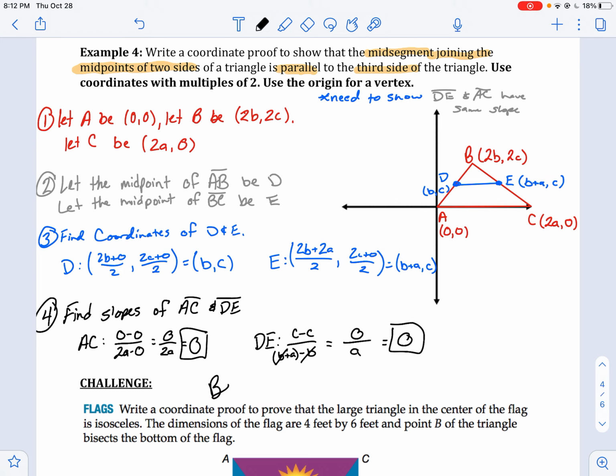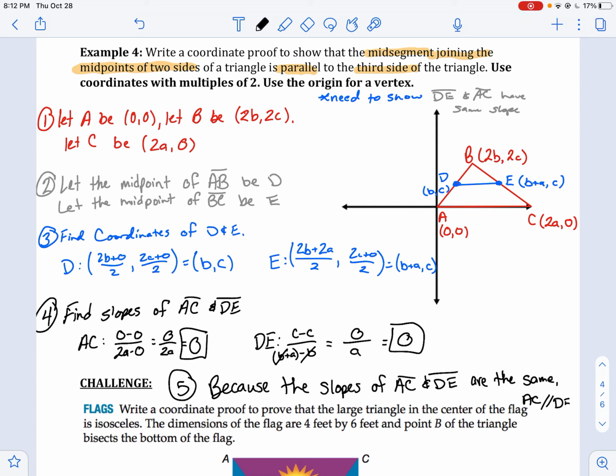So because, and this is I guess step 5, the slopes of AC and DE are the same, AC would be parallel to DE.